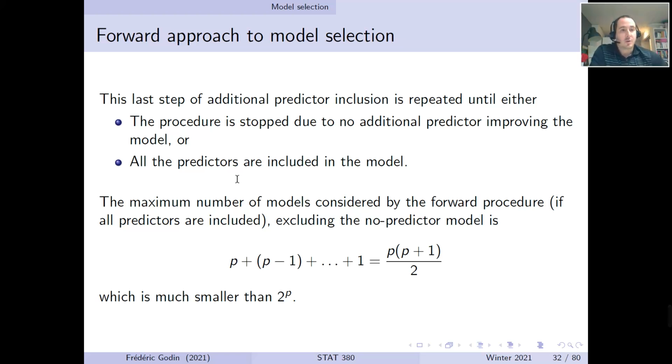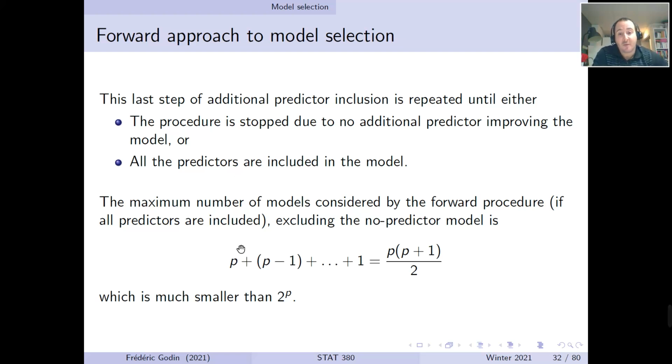Okay, so why did we do that instead of comparing all possible combinations of predictors? Well, if we follow this procedure, the maximum possible number of combinations of predictors that we will try in this algorithm is the following.